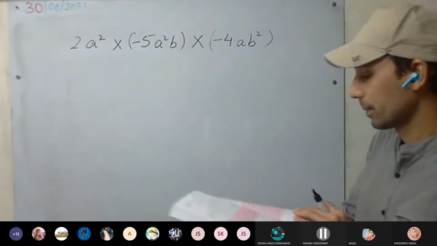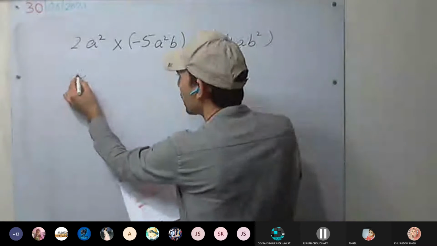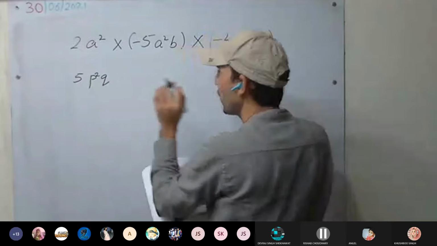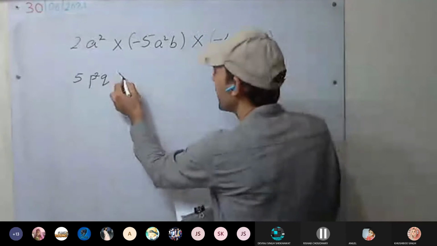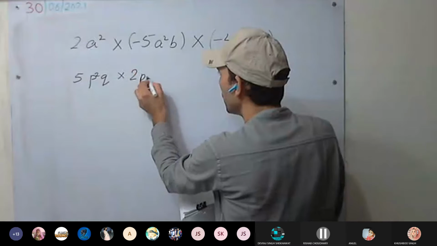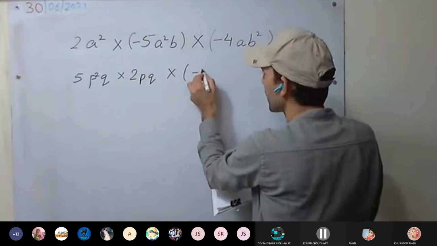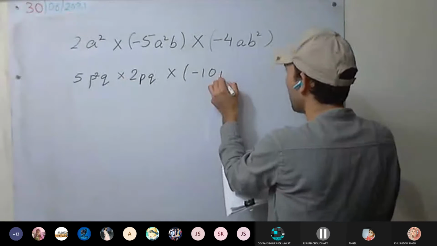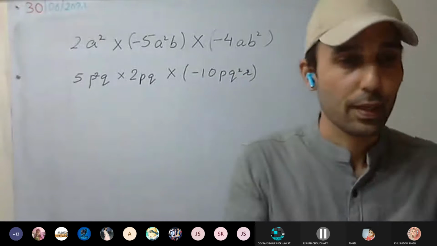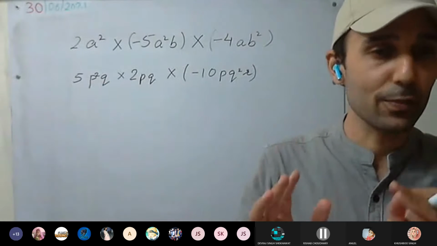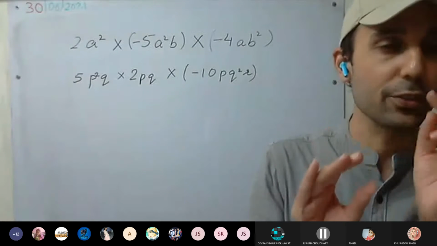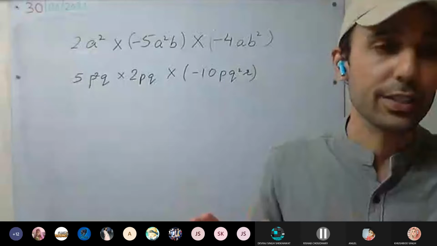So the question is 5p square cube. You can follow any way that seems easy to you. 2p cube multiplied with minus 10 p q square r. And if you are doing rough work, it must be very clear. If you do rough work in a very small space with very small numbers, you will make mistakes. So always do the rough work very clear as well.